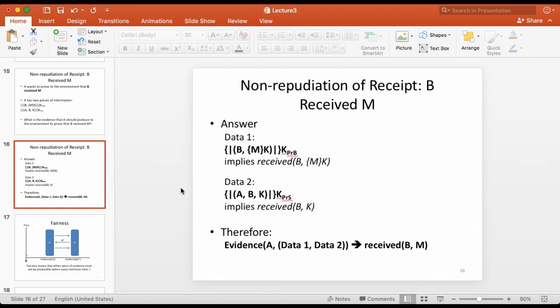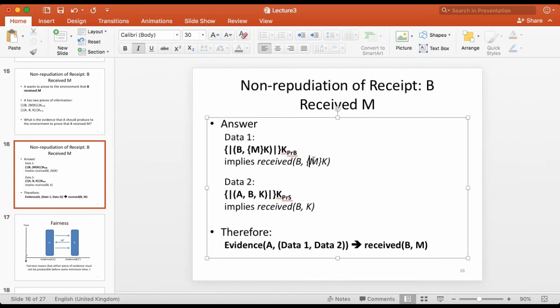So how does it conclude that? Again, following the same line of reasoning that we did for the first case. We can show that B has indeed received the encrypted message M, and that is coming from the first piece of data.